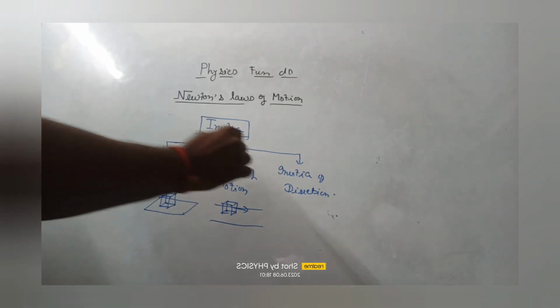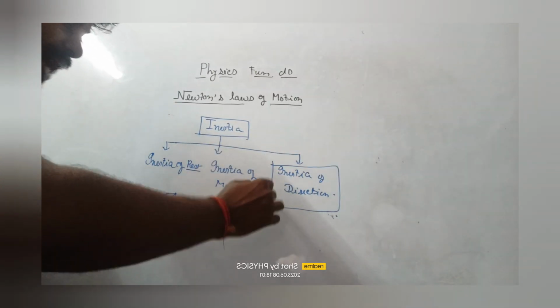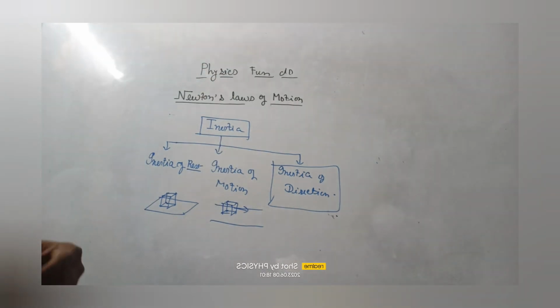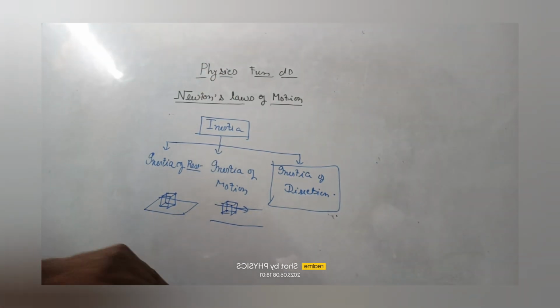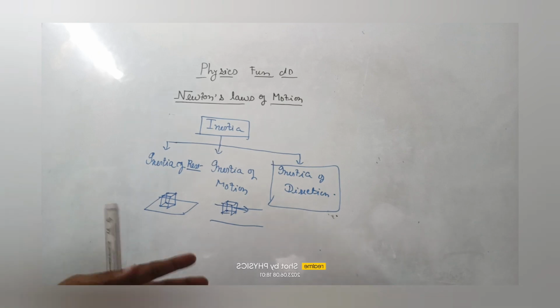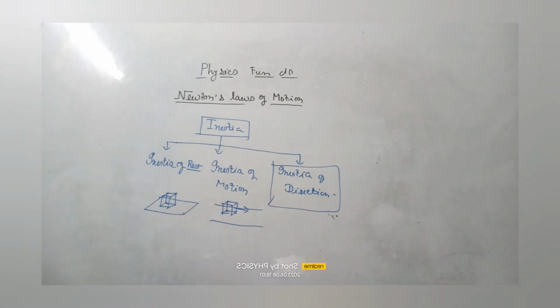Now the new term is the inertia of direction. What is inertia of direction? Let us consider an example. We are sitting inside a bus, and the bus is moving with uniform velocity.